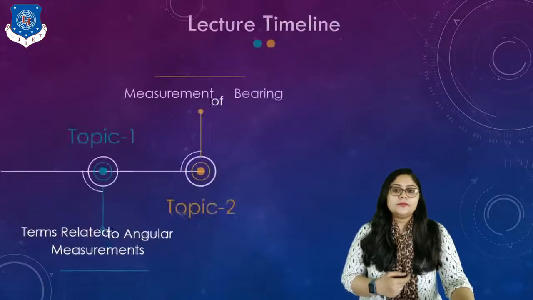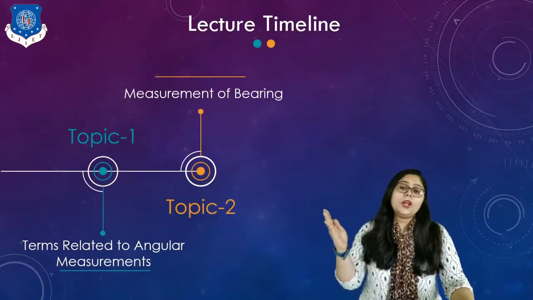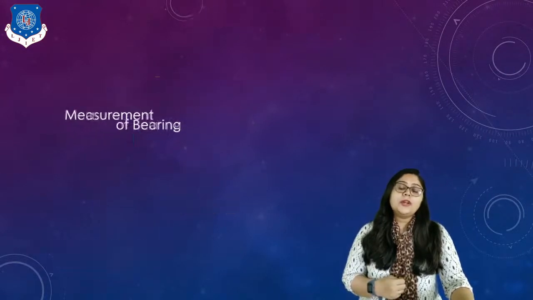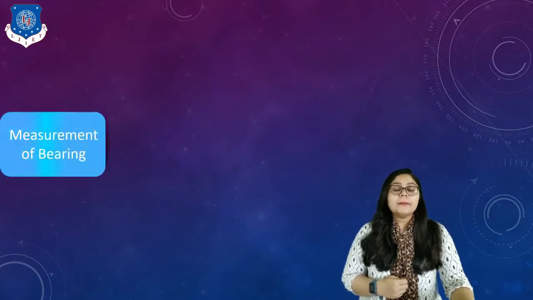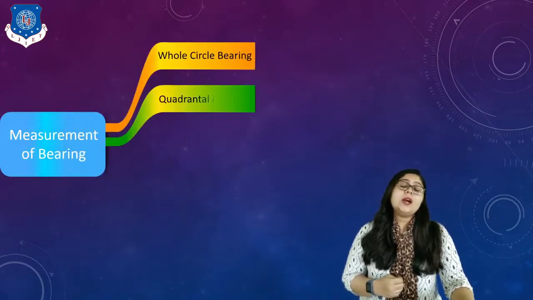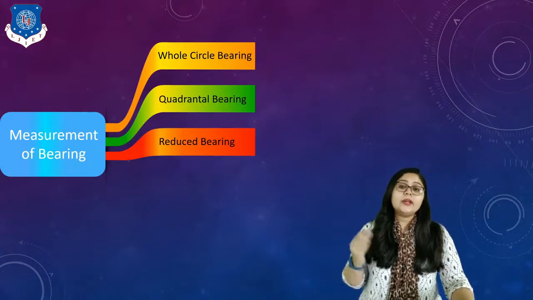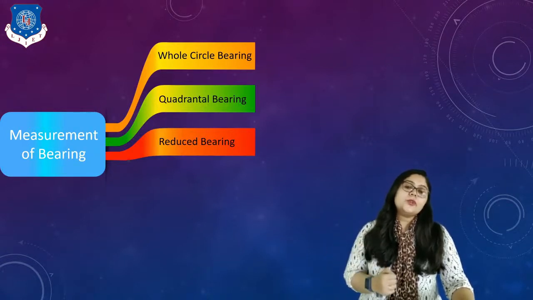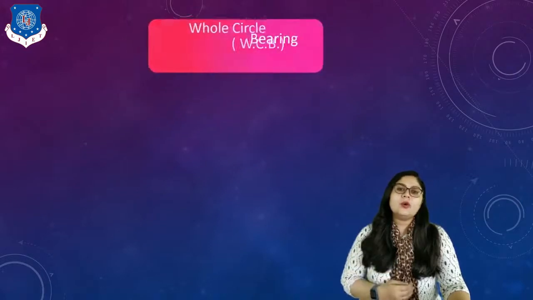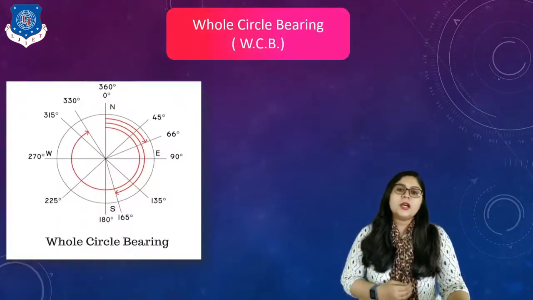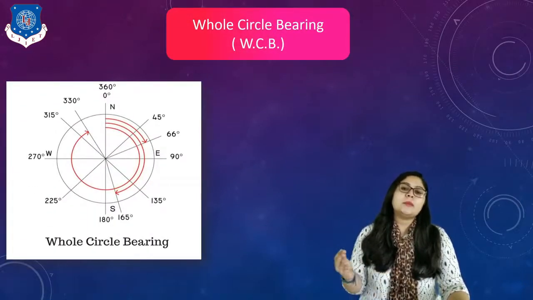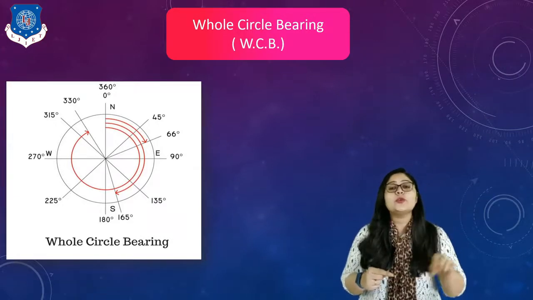Now let's understand our second topic, which is measurement of bearing. Generally, measurement of bearing can be of three types. First is the whole circle bearing, second is the quadrantal, and third is the reduced bearing. So now understand what is whole circle bearing. Generally, a whole circle bearing is a system in which a whole circle is considered.